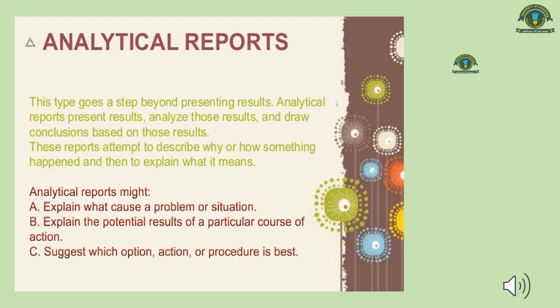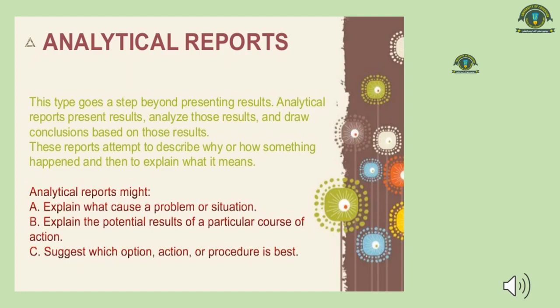Students, the second category of formal report is analytical reports. This type goes a step beyond presenting results. Analytical reports present results, analyze those results, and draw conclusions based on those results. These reports attempt to describe why or how something happened and then to explain what it means.